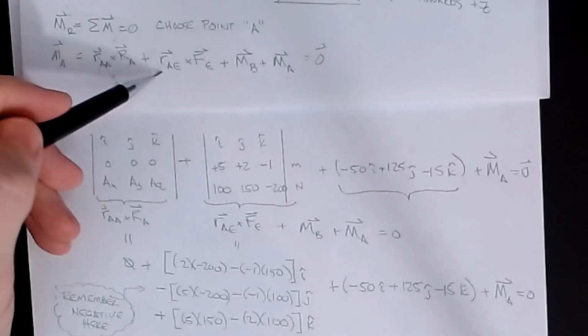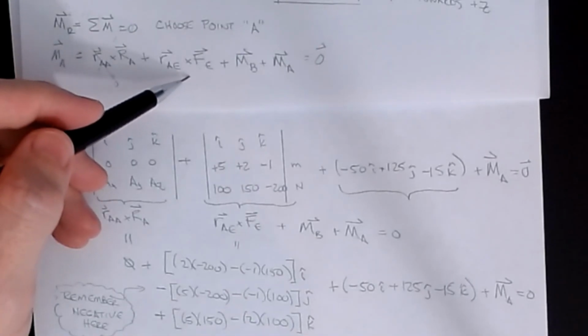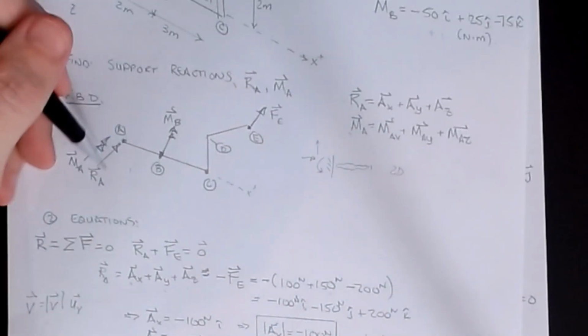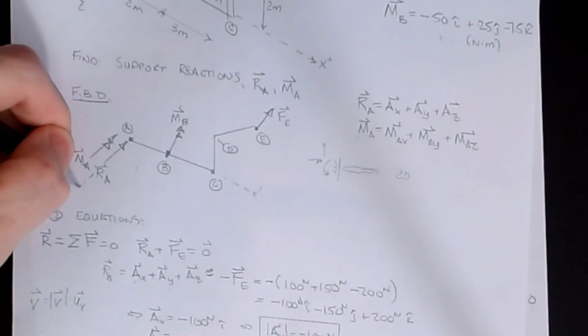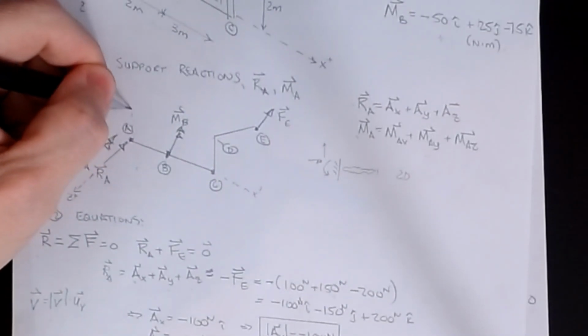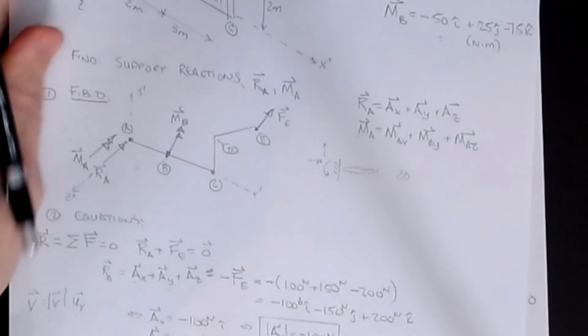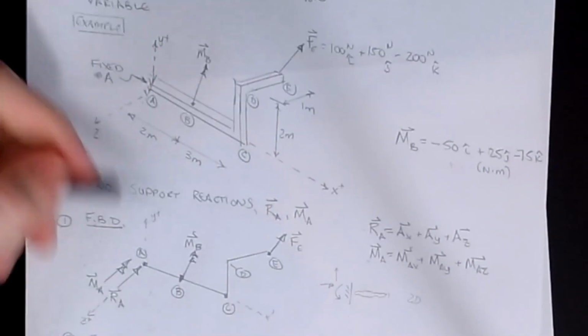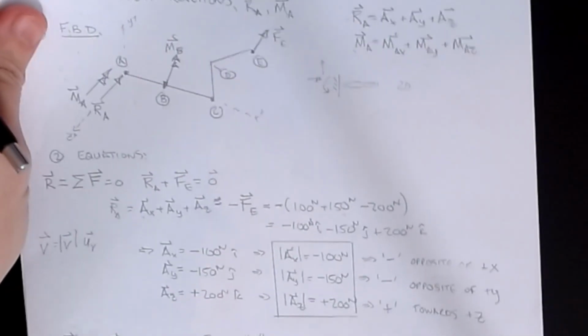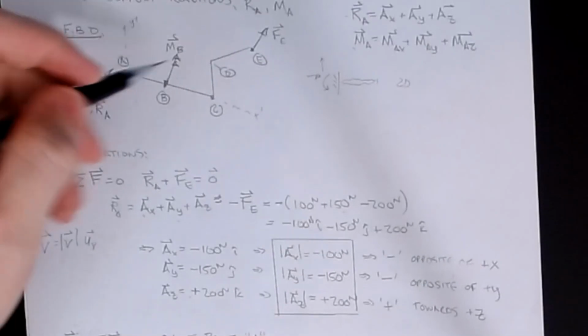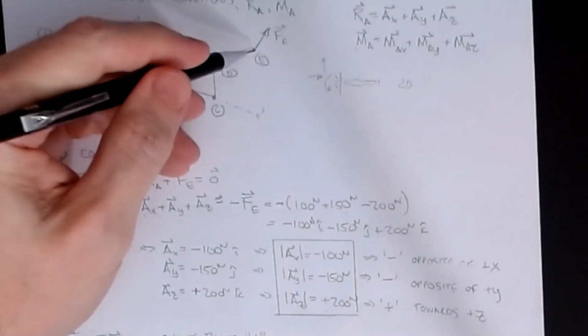The second term is R from A to E crossed into F_E. If we look at what it takes to get from A to E, again, we're assuming positive Z is this way, X is here, and positive Y is here. That's the exact same coordinate system we had in the original picture. If I need a position vector from A to E, my tail is here and my head is here.